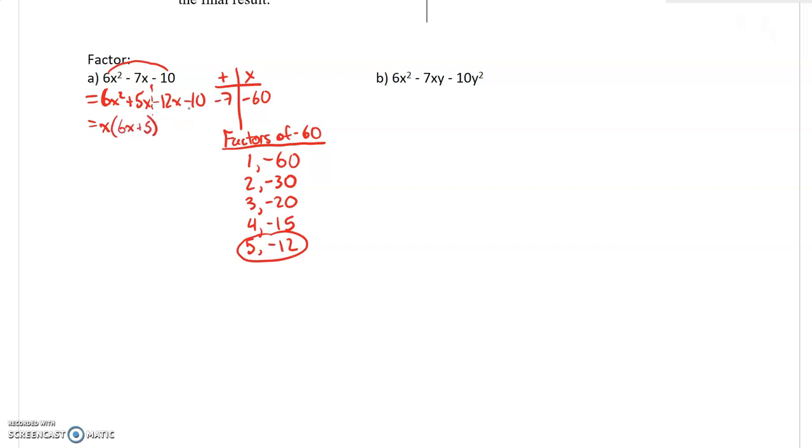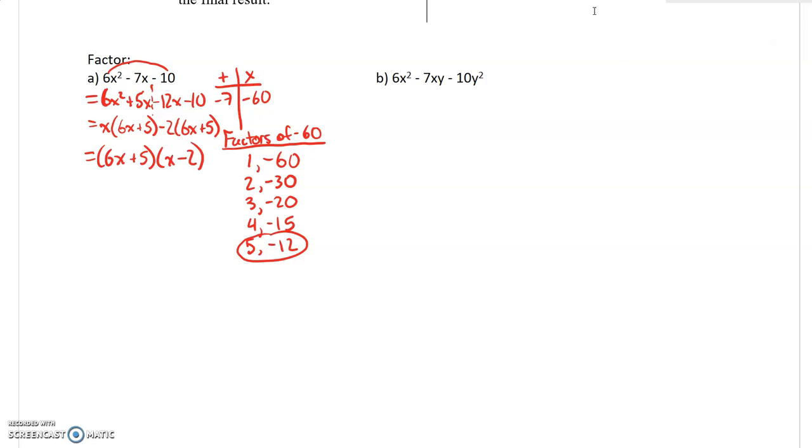And the only thing I can common factor from these is a negative 2, which leaves me with 6x plus 5. Notice that if I expanded the negative 2 back out, I'd get negative 12x and negative 10. So I've got the same thing there in both of the brackets, so I can write this as 6x plus 5 times x minus 2. And we factored that tricky trinomial.